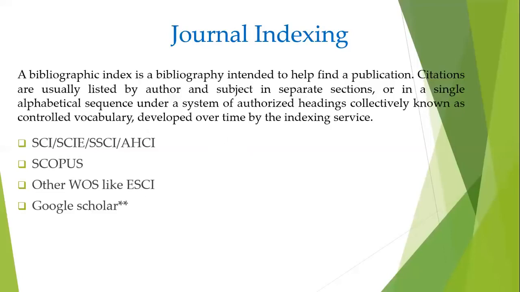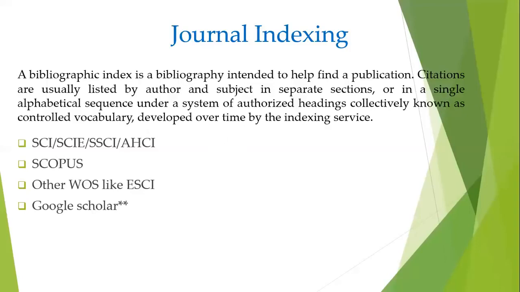Now, this database is primarily made in two different ways. The first focus is on the quality of the papers. Each database has some kind of quality standard based on which it indexes different kinds of journals. For example, suppose there is a journal called International Journal of XYZ.